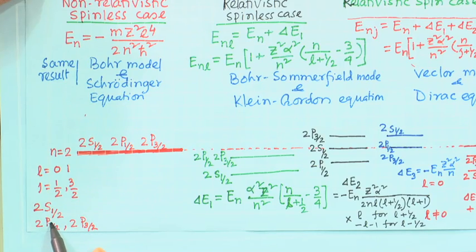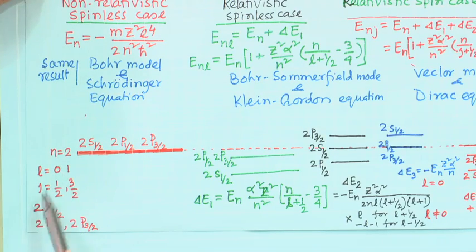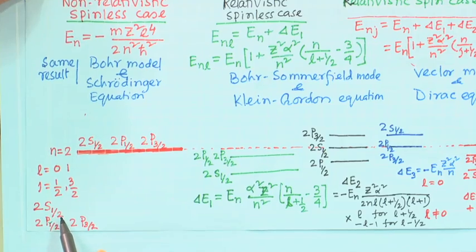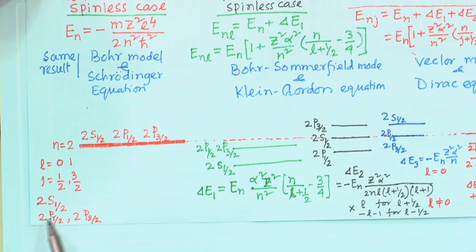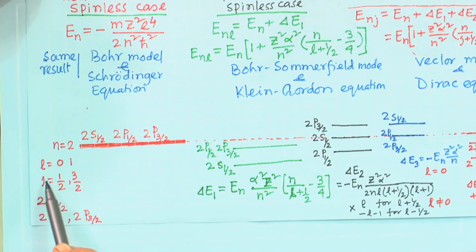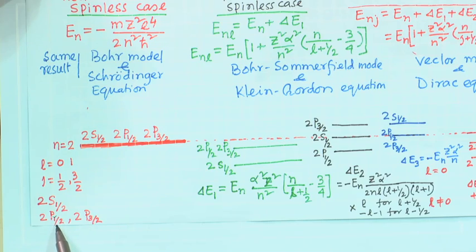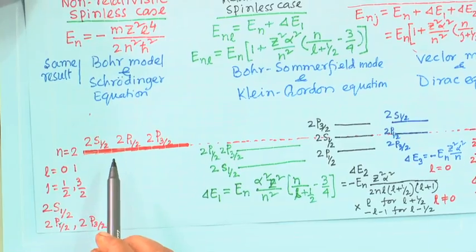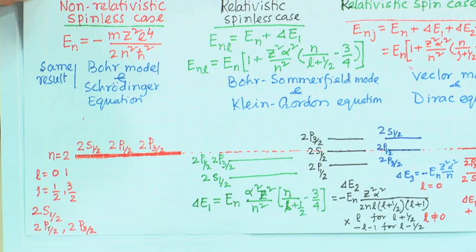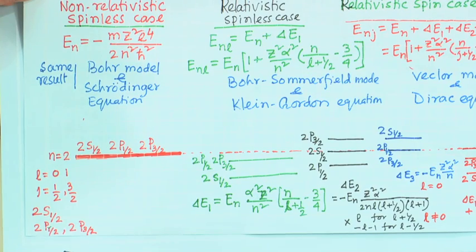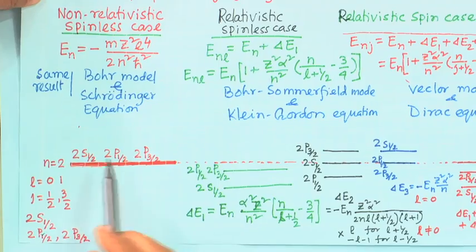For n equal to 2, L equal to 0 is S, J will be half, so 2s half is one spectroscopic term state. Another is L equal to 1, which is P, and J will be half and 3 by 2, so 2p half and 2p 3 by 2. As per the energy, these 3 states, 2s half, 2p half, 2p 3 by 2, will have the same energy.